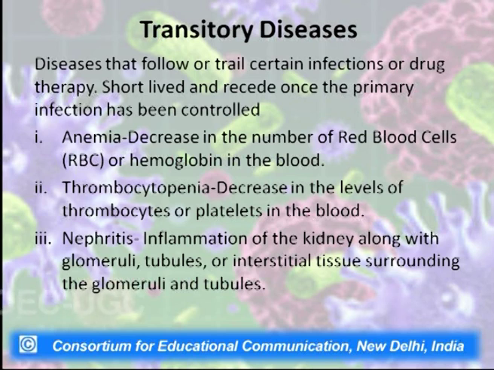Now, with this we come to the transitory diseases, or the last type of diseases. As I just told you, transitory diseases are those diseases that follow or trail certain infections. For example, we are having a drug therapy due to certain infection, long term drug therapy, or certain other disease, that is the primary disease. Most of these transitory autoimmune disorders are secondary manifestations.